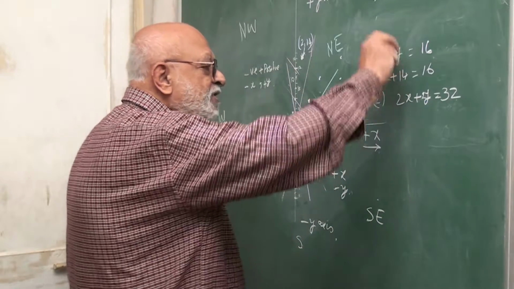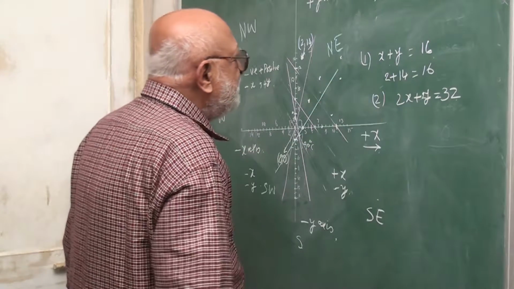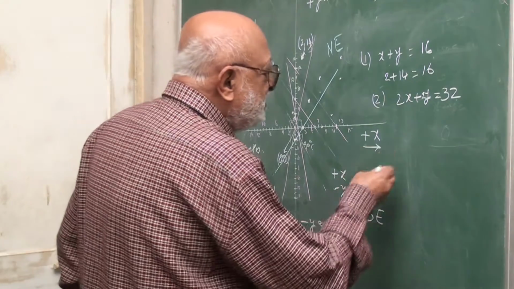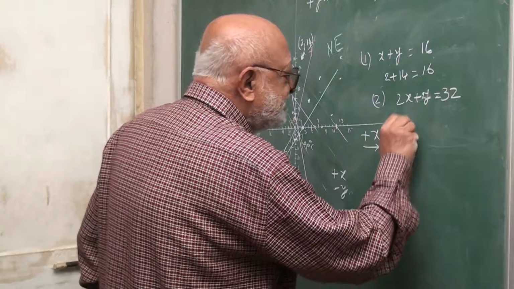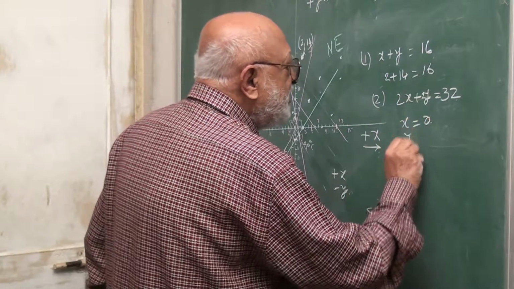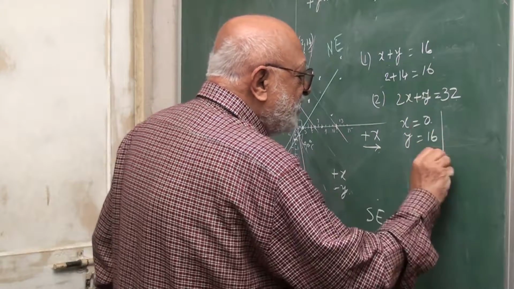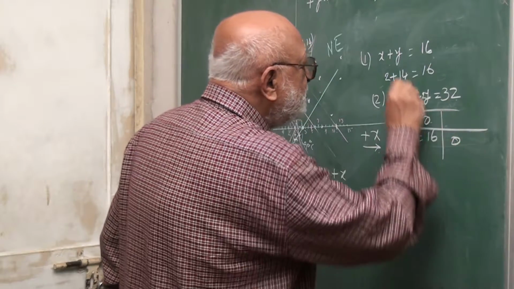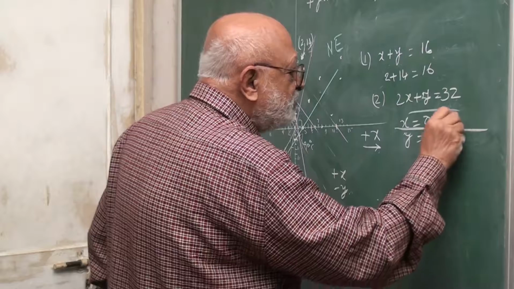Any other point which will satisfy this, it will be able to give you. For example, there will be another point. Let us take x equal to 0, then y equal to 16. Again you can take y equal to 0, x equal to 16.